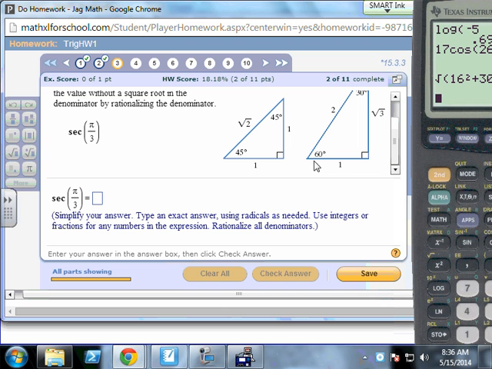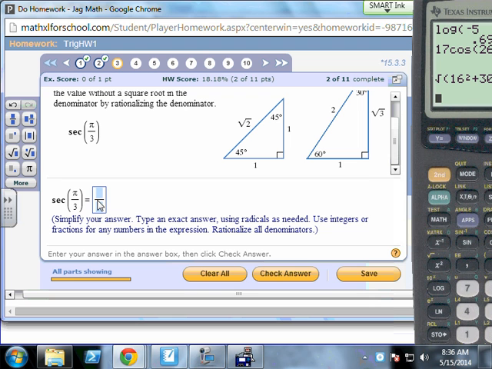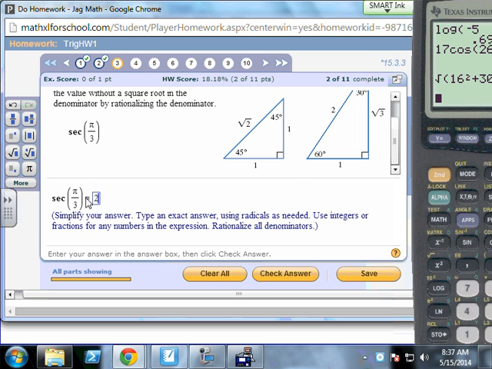Adjacent to the 60 is the 1. The hypotenuse is the 2, but then I have to flip that over, so my secant of pi over 3 would be 2. There we go.